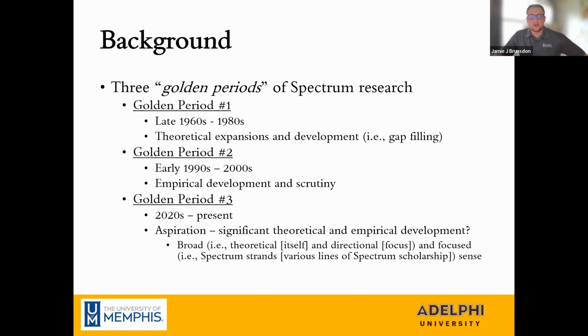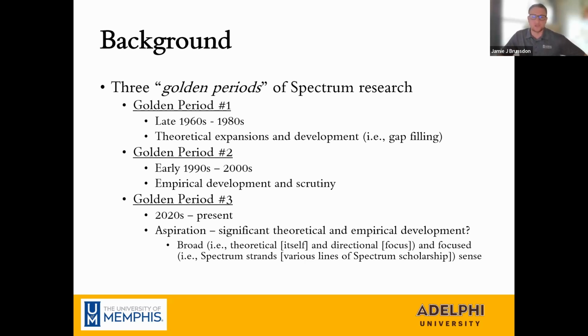The current period, or this third golden period, occurred from the early 2000s and is what we're going through now, what we're experiencing. And while we can't really define what the level of impact this period will have, there's an aspiration that we're going to see significant theoretical but also empirical development as it pertains to the spectrum.